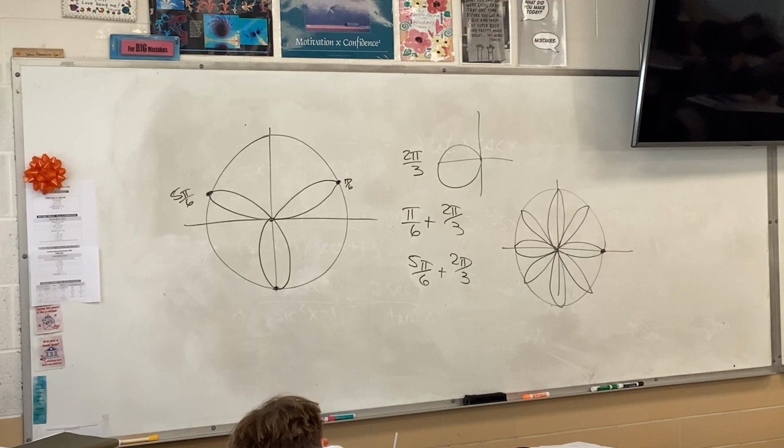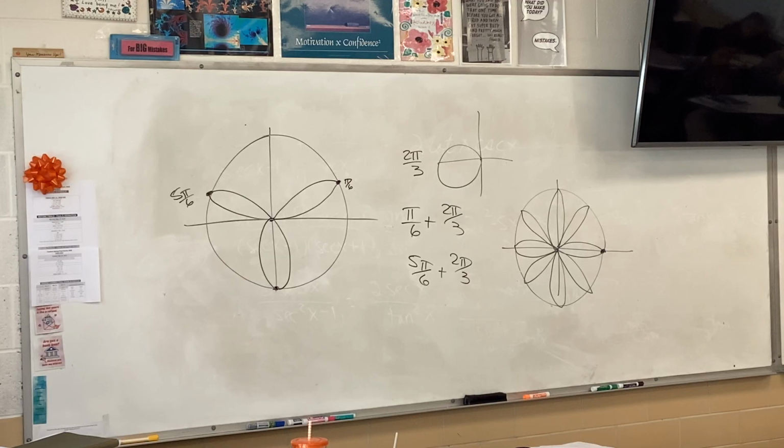What was the difference between the first graph you did and the last graph you did? One's facing right, one's facing left, and that makes perfectly good sense. These are cosines, right? If you have a negative cosine, you're going to be on the left, right? Okay, all right. Now what happened with the middle one?